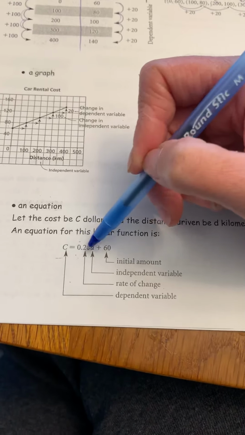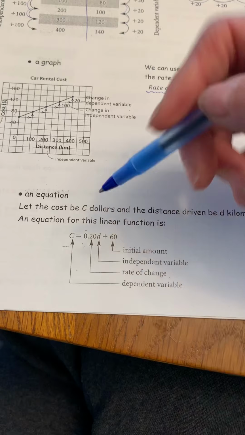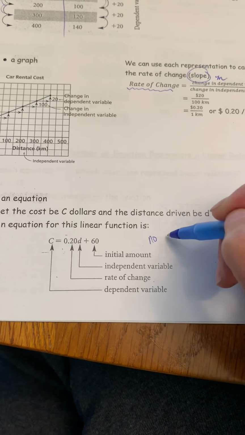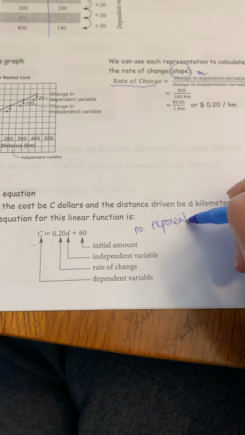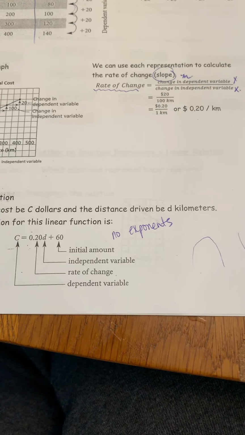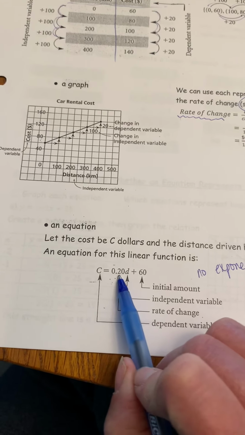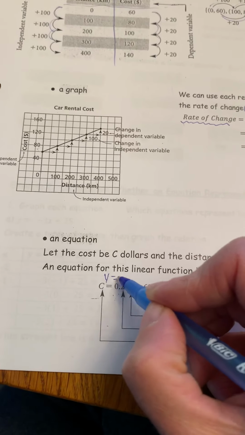We know that something is linear when we see the equation, and one of the most important things to know is that we can have no exponents. The graph of something with exponents in it is going to look like this, so not a straight line. So y is equal to mx plus b, and we're going to start getting comfortable using this.